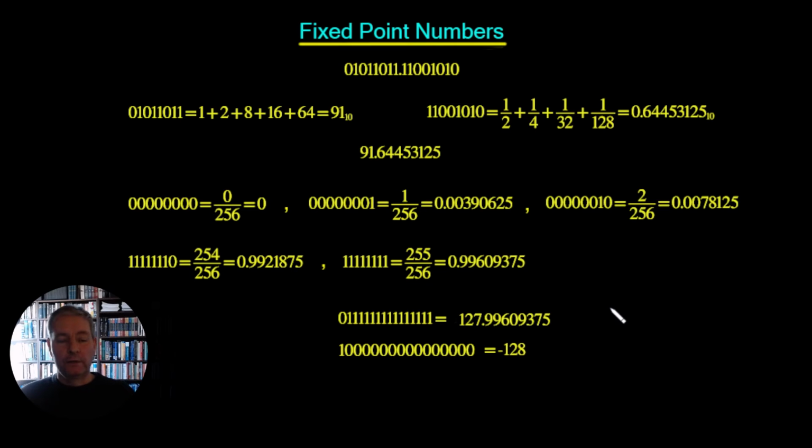Or equivalently, we could have, for example, 31 bits for the fractional part and only 1 bit for the integer part, and therefore we would have a smaller range of integer numbers but a much more accurate number in terms of decimal places. So there's lots of ways we could play this fixed point number system, and we could mix and match and generate different schemes depending on what it is we want to do.